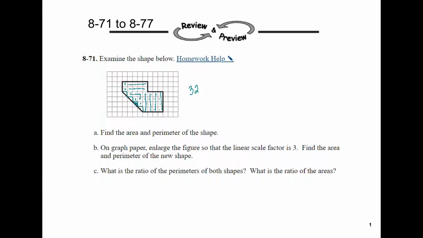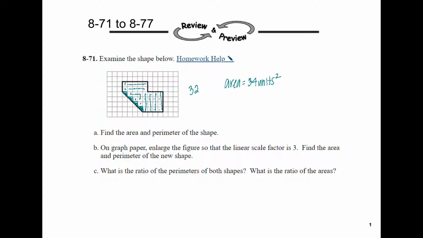These are half of a box, so that would count as 33, and this would count as 34. So the area of my shape equals 34 units squared.